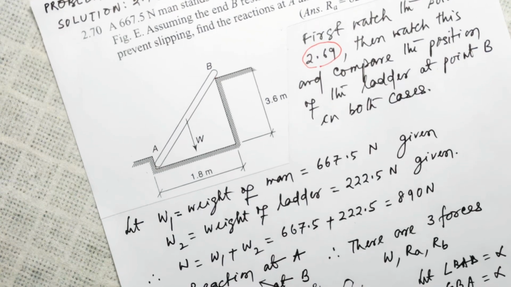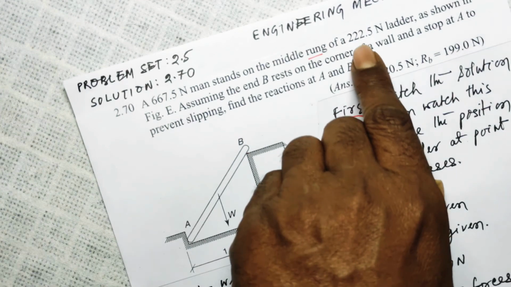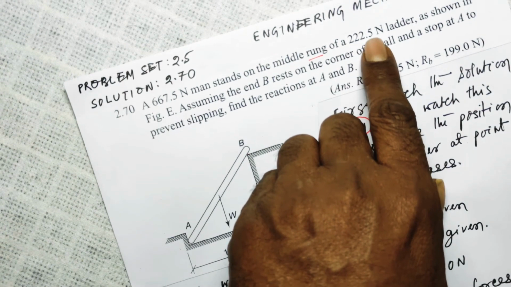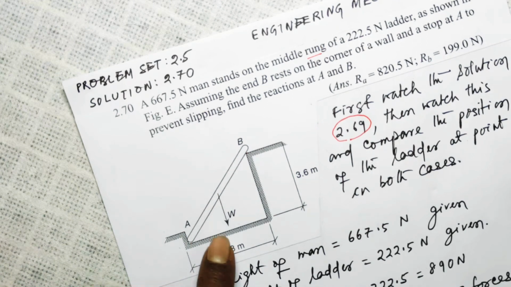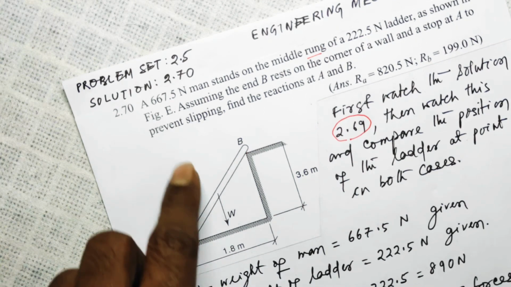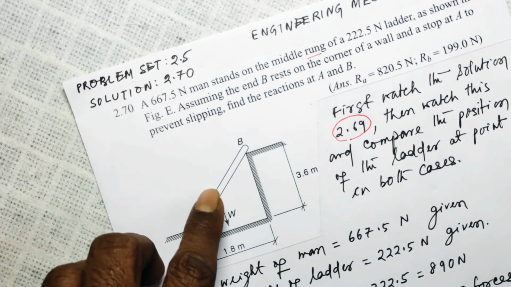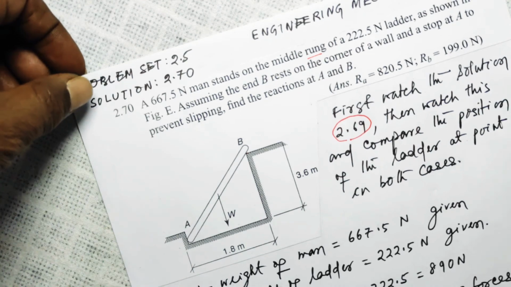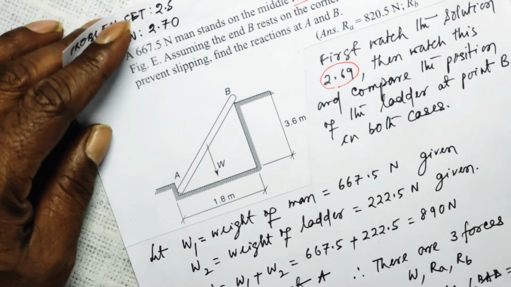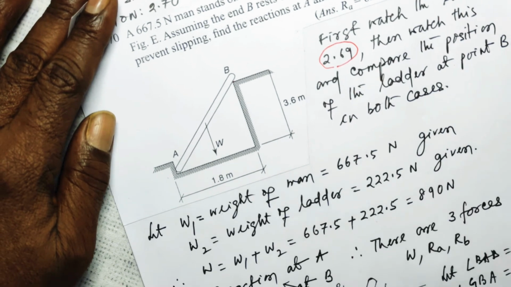Now, the weight of the ladder is acting vertically downward. It is 222.5 Newton from the center of mass. And the man having weight 667.5 Newton is also standing at the middle of the ladder. Means both the weights are acting vertically downward from the same point, and have the same line of action.